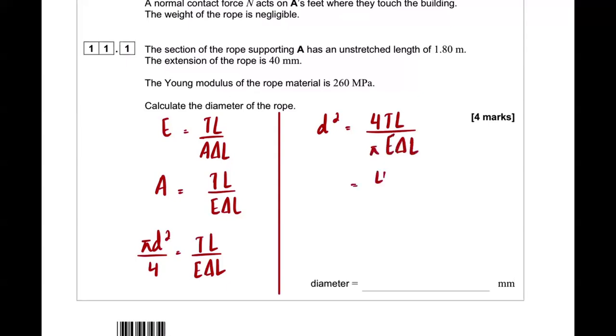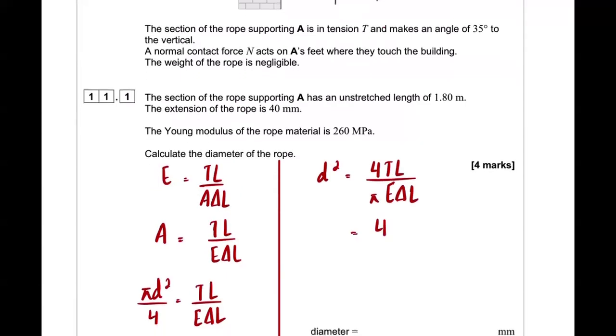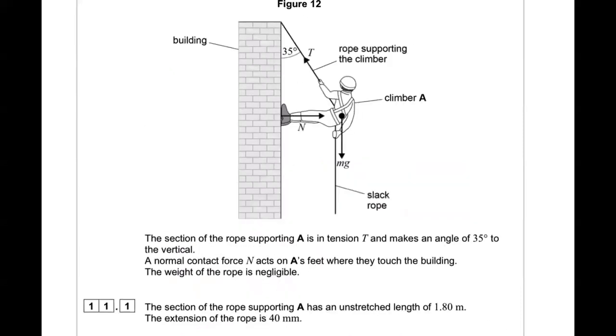So 4 tension was not given. Okay, tension is not given here, so I'll need to find the tension, obviously. So this is 35, so naturally this is 35. So this component is going to become T cos 35, and this one is going to become T sin 35.